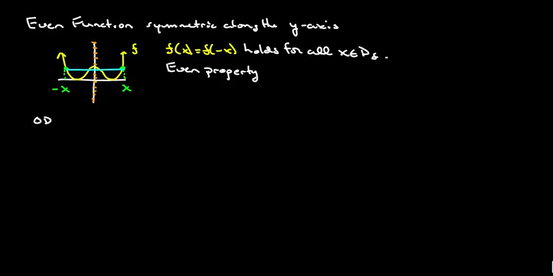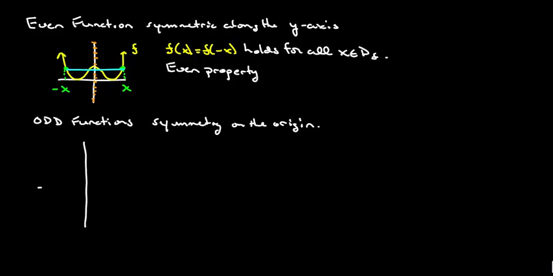Now there are odd functions out there, and those have symmetry. It's called point symmetry, symmetry on the origin. So what do those look like? A very classic example is the cube function.